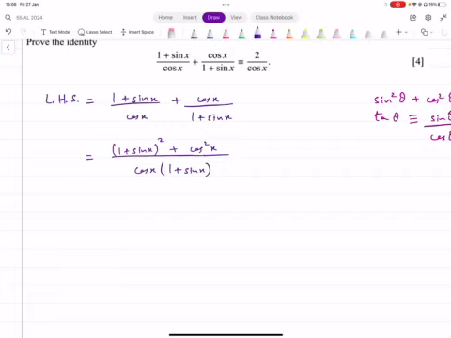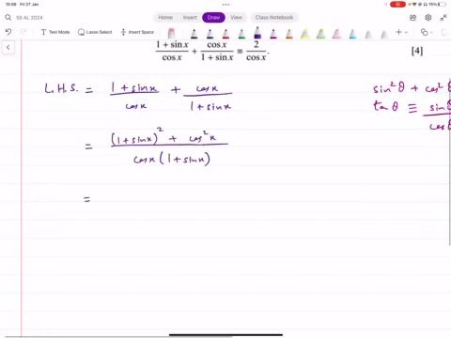Is that okay? Now we simplify the numerator. 1 plus sine x whole squared. What's that? 1 plus sine square x plus 2 sine x, or 1 plus 2 sine x plus sine square x plus cos square x.